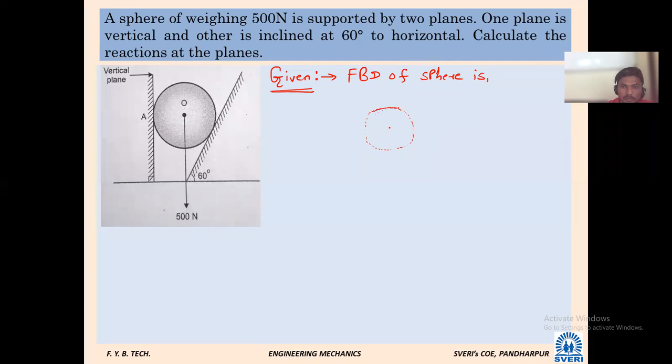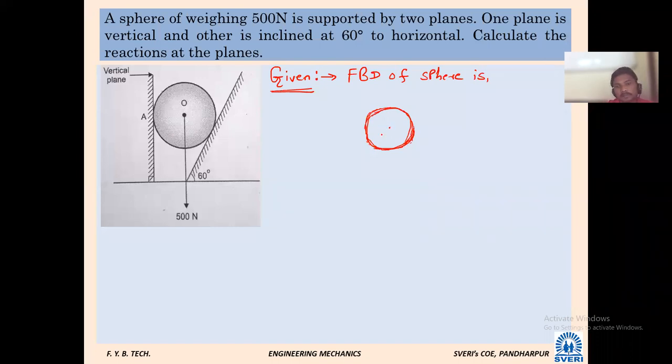And body, what about body? Is it necessary to show body as well? Yes, sir. Yes, we have to show body as well. Something like this.